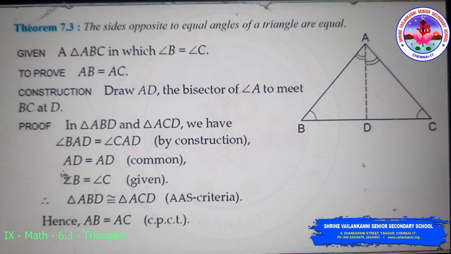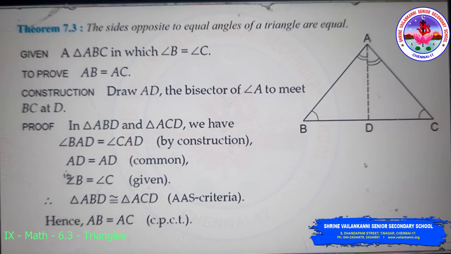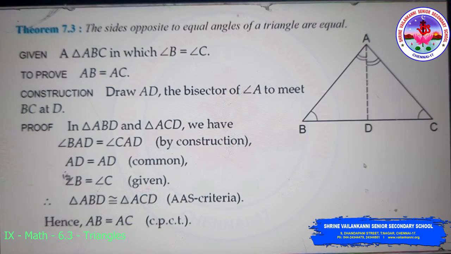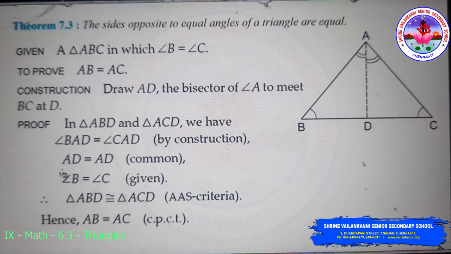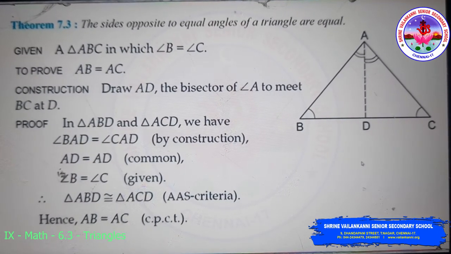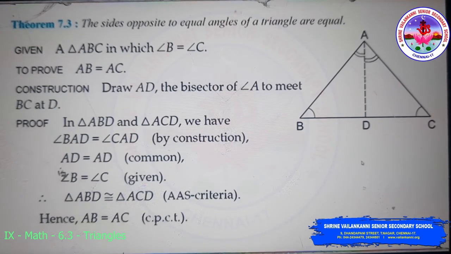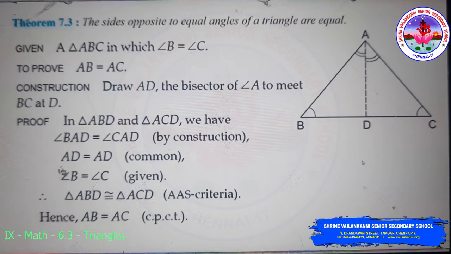And the third, side AD is a common side to both the triangles. So we have two angles and one side, and I am using AAS criteria. Triangle ABD is congruent to triangle ACD, which implies AB is equal to AC by CPCT.